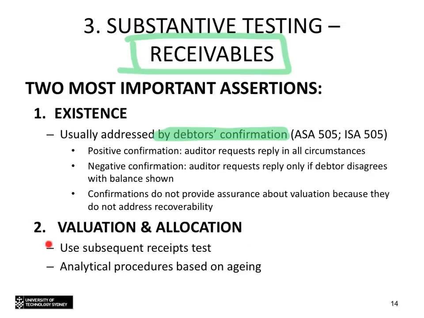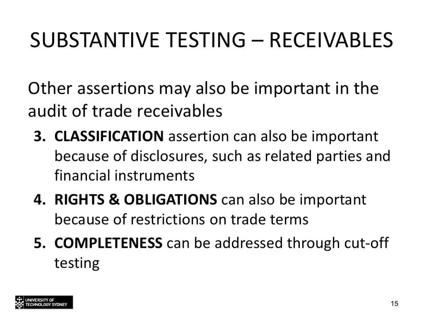We also need to test the valuation and allocation. So is it real? Is the dollar amount correct? Now, allocation is normally current or non-current. You don't normally have any non-current receivables. Now, let me just check something here. All right, so in terms of other assertions that are going to be important, classification a little bit, only because of related parties.